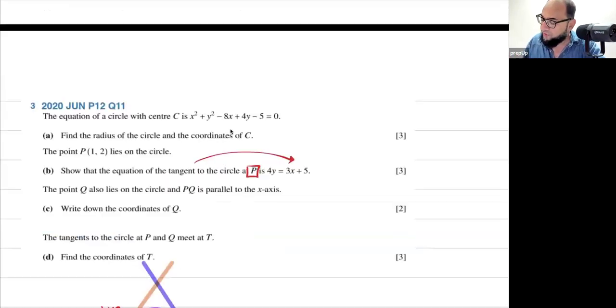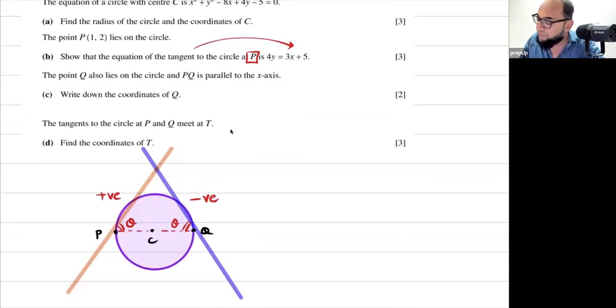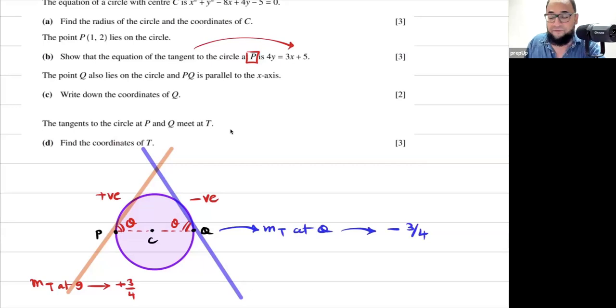Now let me go back. The gradient of the tangent at P has a slope of positive 3 over 4. Therefore, the gradient of the tangent at Q should have a slope of negative 3/4. It's not the negative reciprocal.